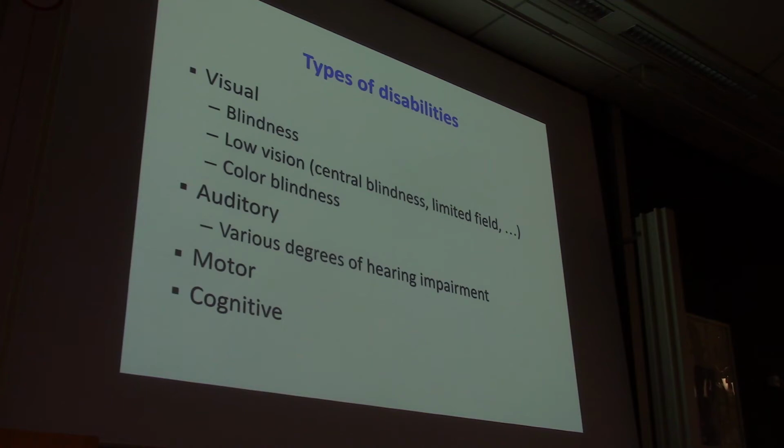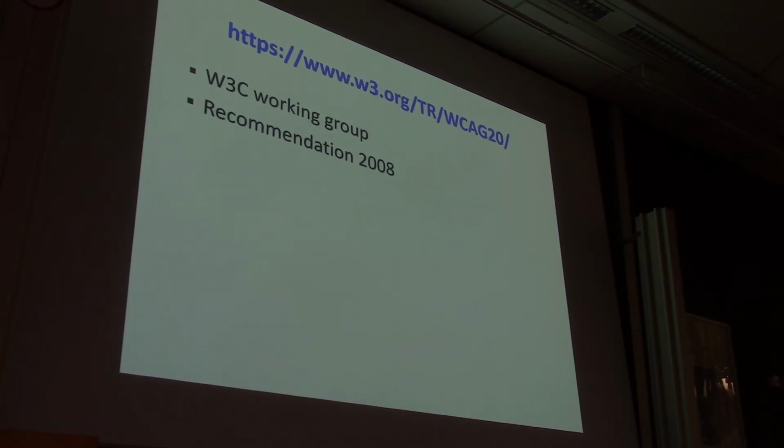So assuming that everyone can click on a very small button is one of these assumptions that can break websites for these kind of people. And then of course a wide range of cognitive limitations. And I think the last one is maybe the biggest group of people. And we'll come back to that.